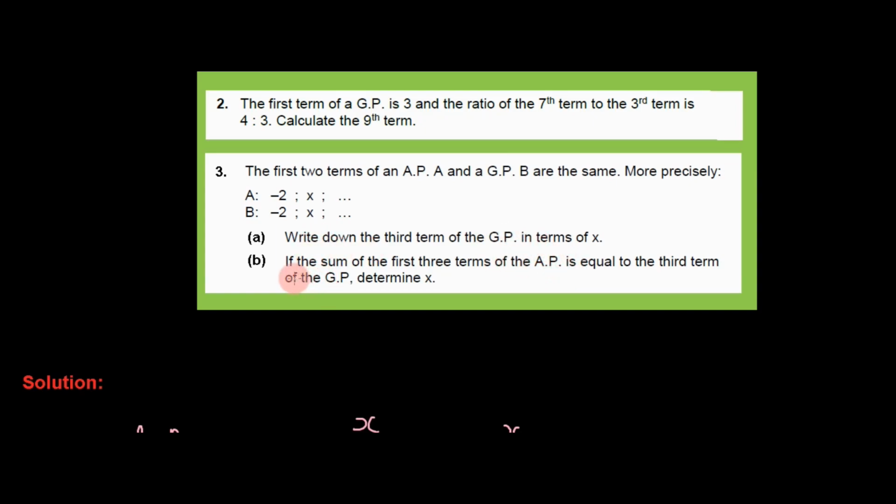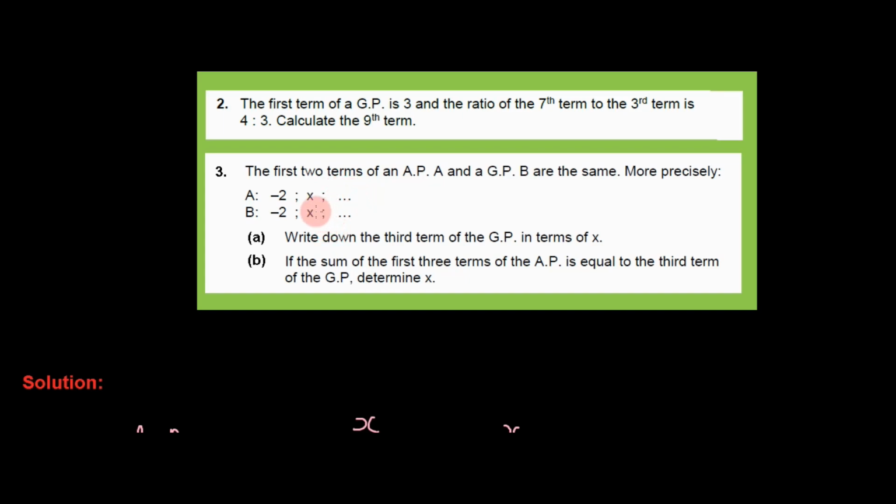Now, in the second part, in B, it says if the sum of the first 3 terms of the AP is equal to the third term of the GP, determine x. We only have the first 2 terms of the AP, but we want the sum of the first 3 terms. So we want to find the value of the third term in terms of x as well.